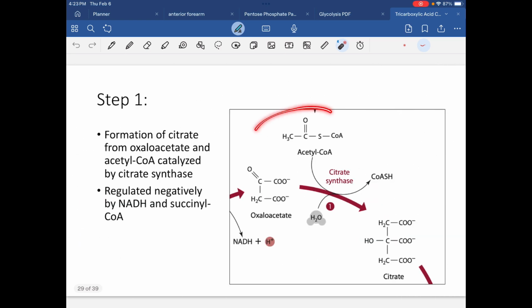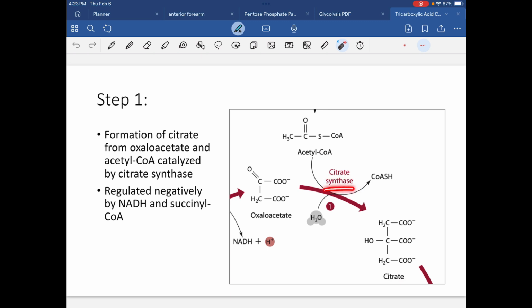So when we have acetyl-CoA, remember that was our product of pyruvate processing, the first thing we're going to do is make it into citrate. And I think the enzyme names in the citric acid cycle are really easy to memorize if you know the intermediates. If I'm going to make citrate, I'm going to need a citrate synthase.